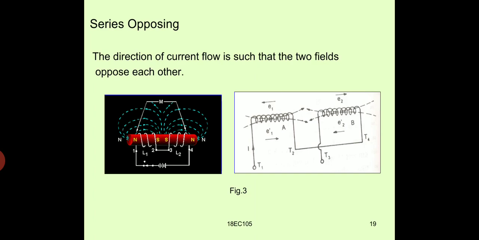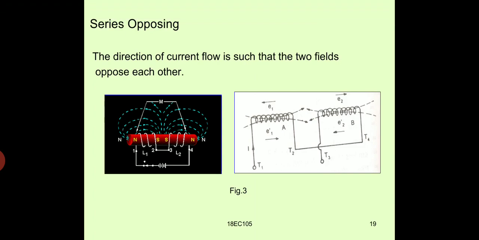They have been changed because the fields have to oppose each other, and hence this connection will be valid as drawn on the right-hand side in the circuit representation.